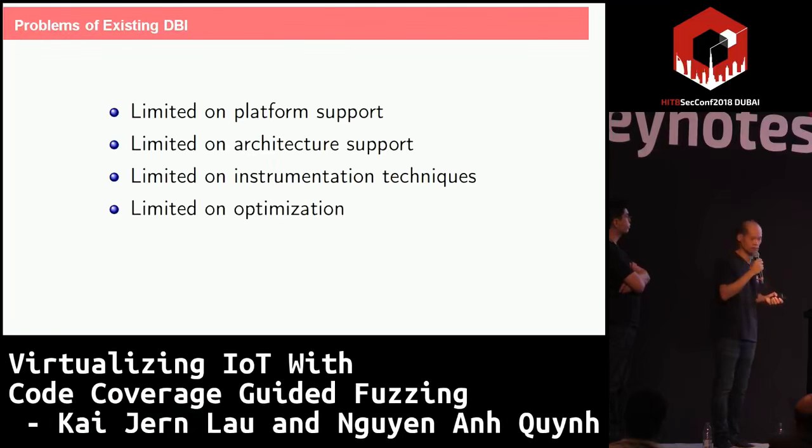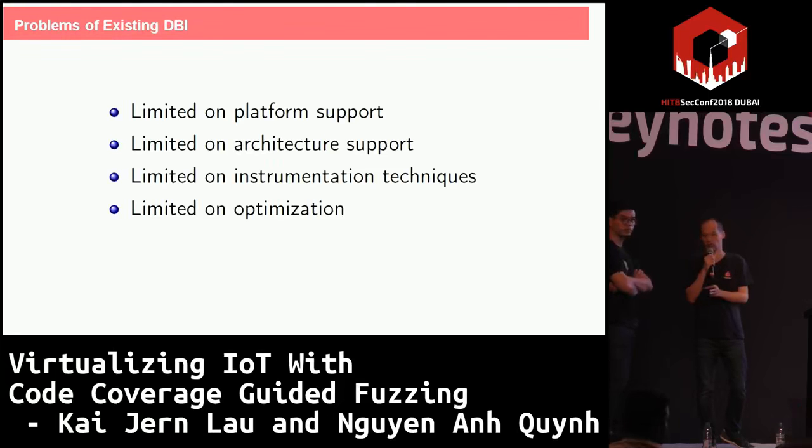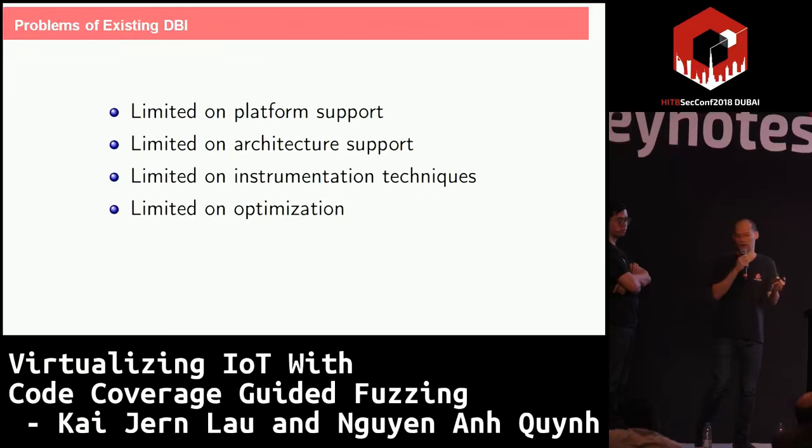For example, all the popular DBI you can find on the internet now, like DynamoRIO and Pin, are all limited to Intel CPU. Pin and DynamoRIO do not support any other CPU besides Intel. But we want to build our fuzzer for embedded systems, which run on ARM, ARM64, MIPS, PowerPC, and so on.